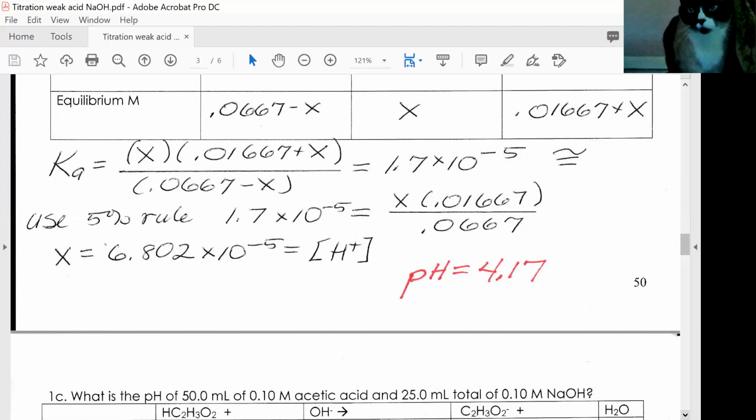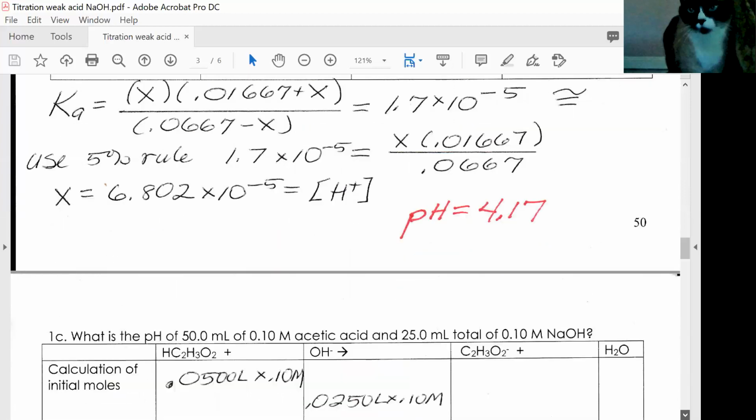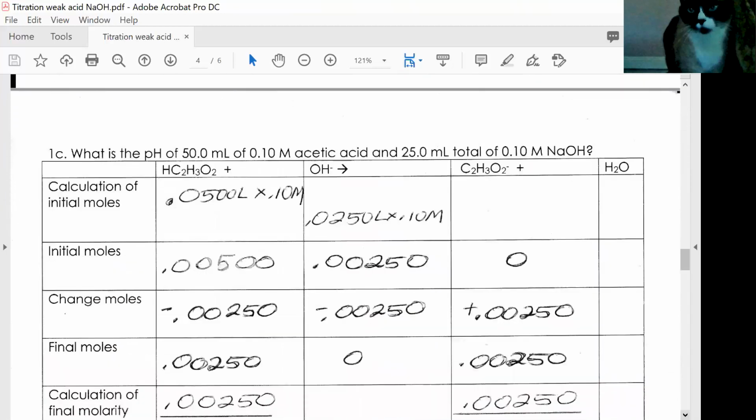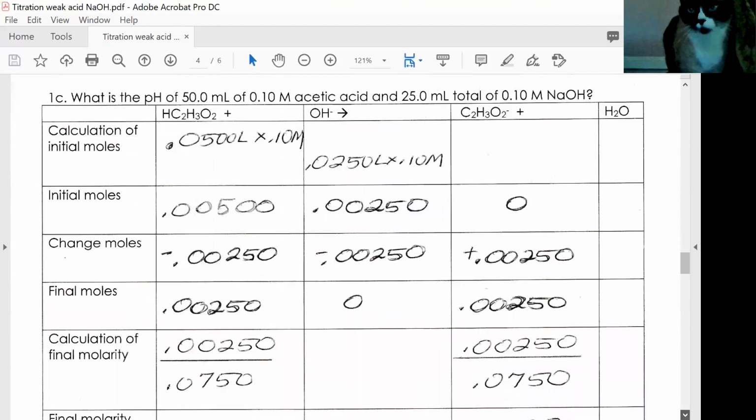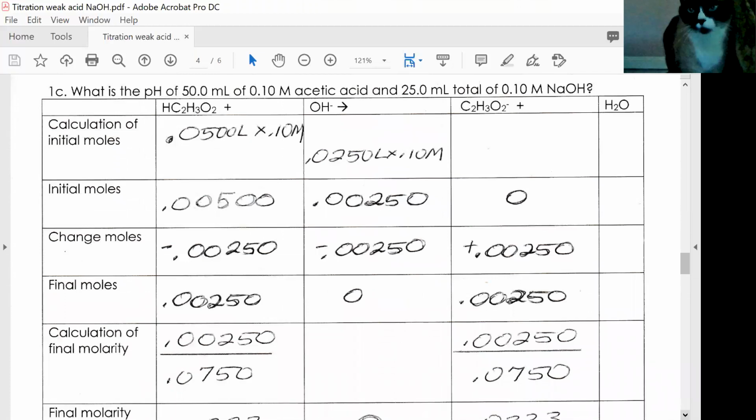Okay, this is still the same problem. And now we're on 1C. What is the pH of 50 milliliters of 0.1 molar acetic acid and 25 milliliters of 0.1 molar sodium hydroxide? So go ahead and do your calculation of initial moles. Fill in your table there.